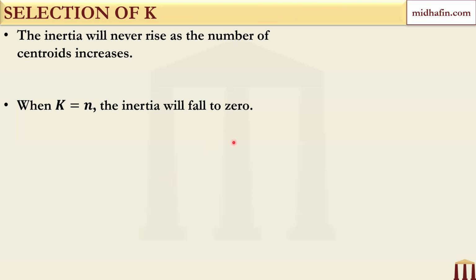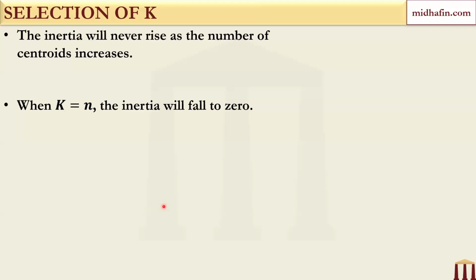Okay, so the idea is if you keep on increasing k, you will keep lowering the inertia. But again, the problem is too many clusters means that you're overfitting. This is again analogous to overfitting. You don't need too many clusters. You will lose general patterns. You will become too specific.